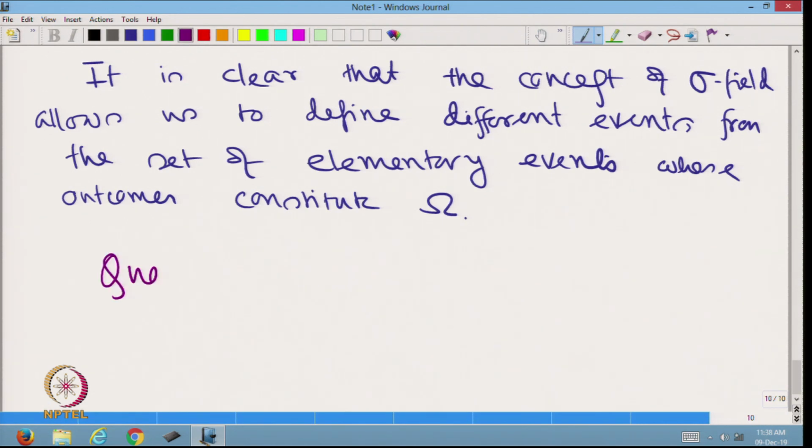The question is, how to obtain their probability?